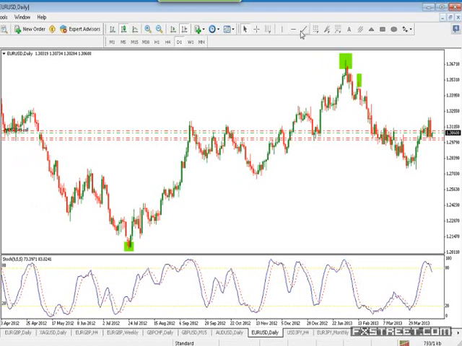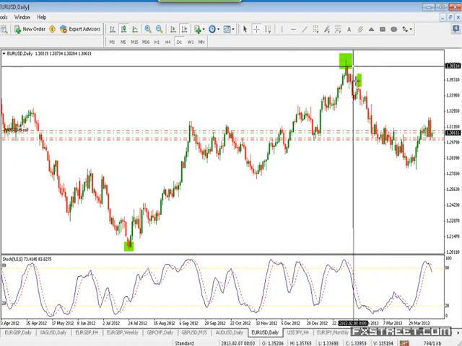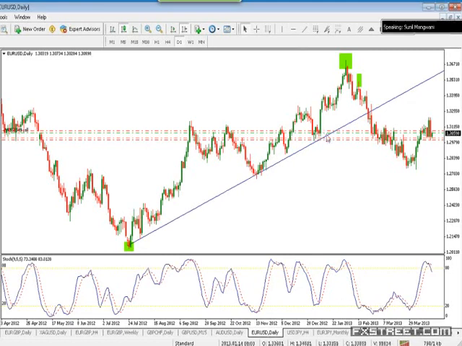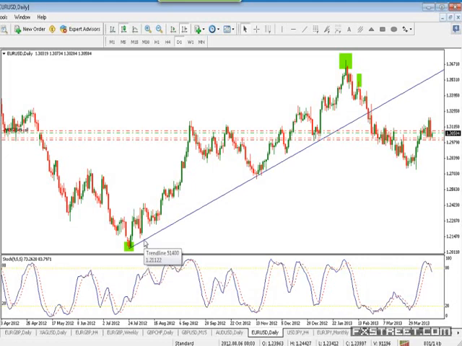Now here we are expecting a move to the downside. Obviously we will be plotting trend lines right over here. We expect price to change trend, breaking a trend line. The first rule is it starts from a pivot point, and it starts from a wick of a candle.